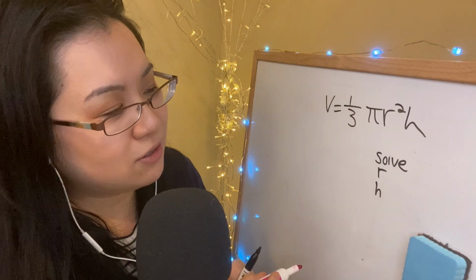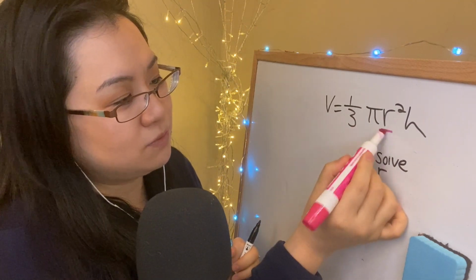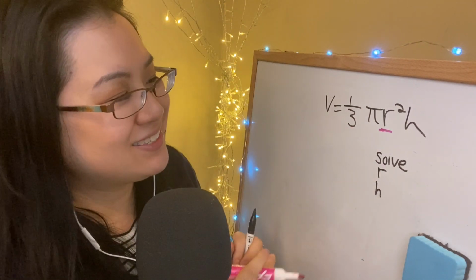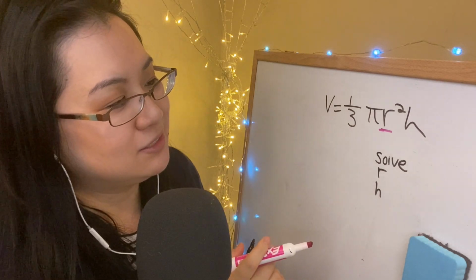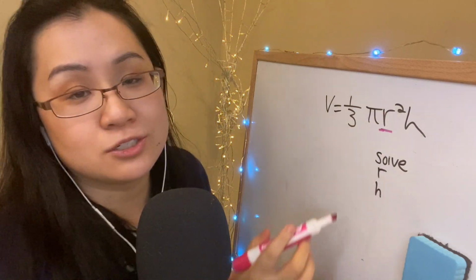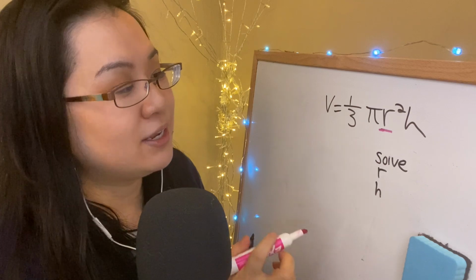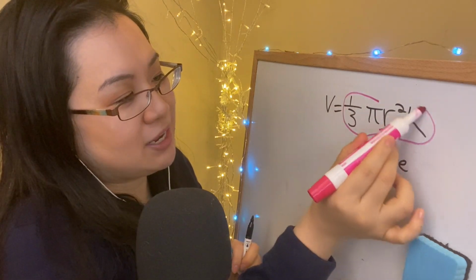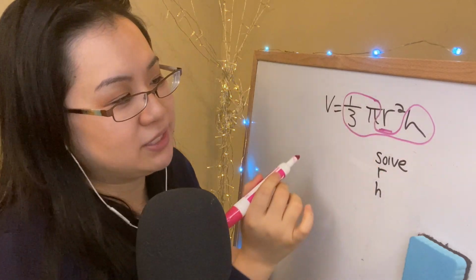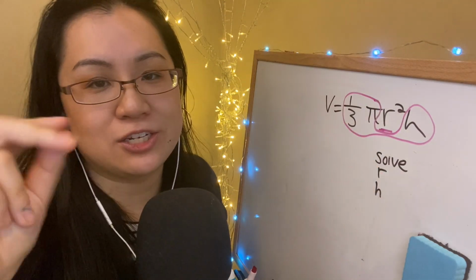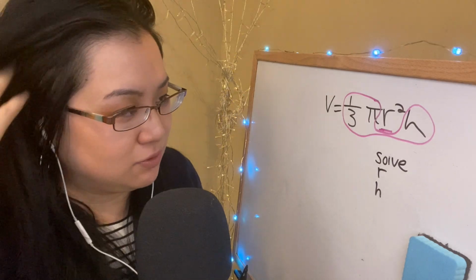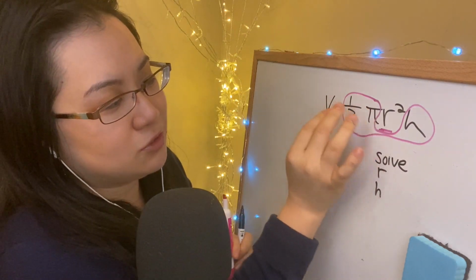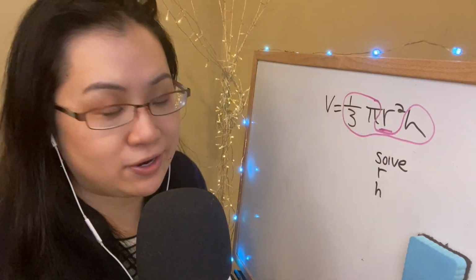So let's find our r. So there you go, I found it. So here what we're doing is we have that r, and we're going to square that, and then we're going to multiply all of that by this 1/3 pi h bit here. And for multiplication, the order doesn't matter, it's commutative. So this is 1/3 pi h times r squared.